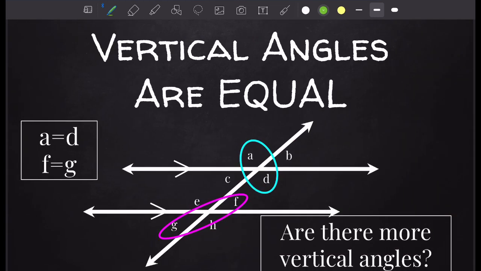So, are there any more vertical angles? Yes, as long as they are across or opposite each other. So, C and B are vertical angles. F and G are vertical angles, okay? So as long as they are on the X, opposite each other, okay?